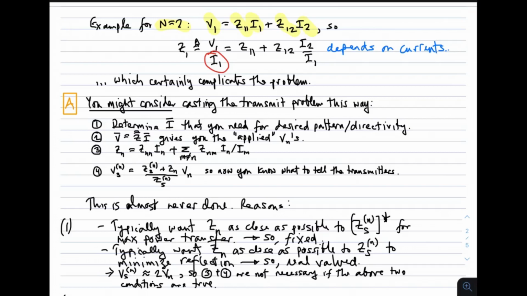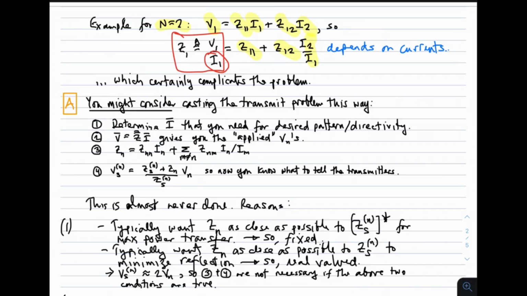And that would give us the active impedance on that first antenna. So by dividing through by I1, we see that the active impedance is the sum of the self-impedance and a factor, which consists of the mutual impedance multiplied by the ratio of currents, I2 over I1.